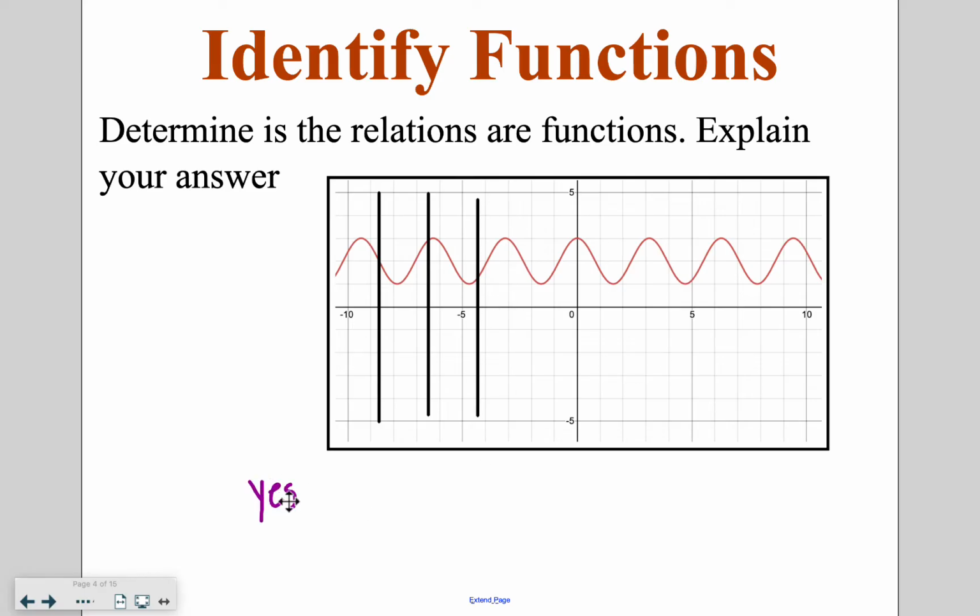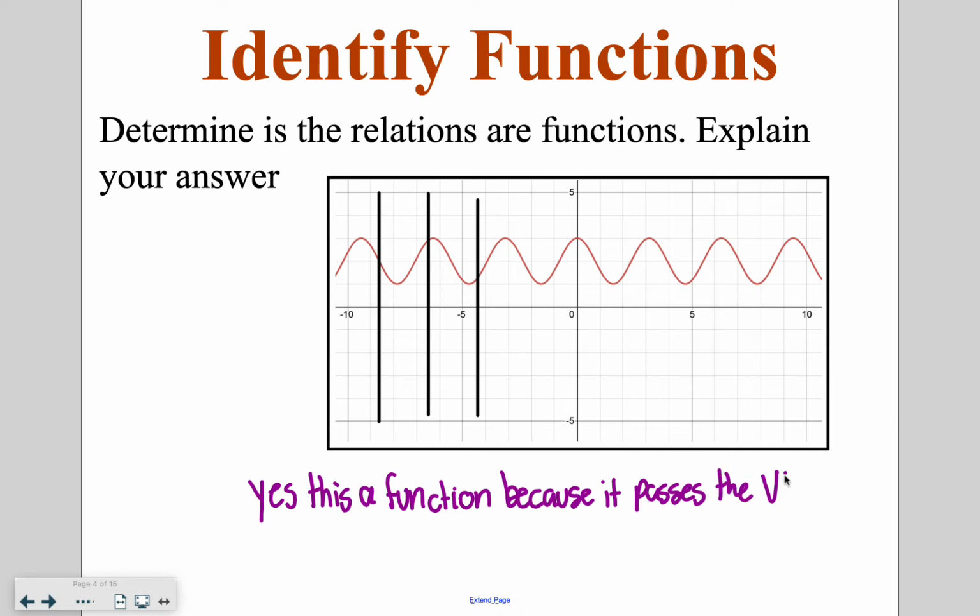So yes, this is a function. And the reason is because it passes the vertical line test, which you can abbreviate to VLT.